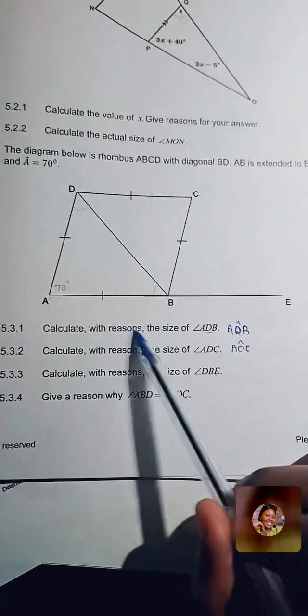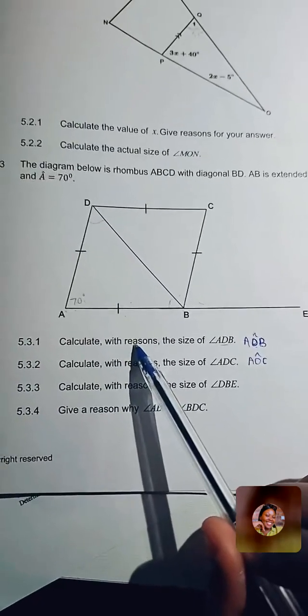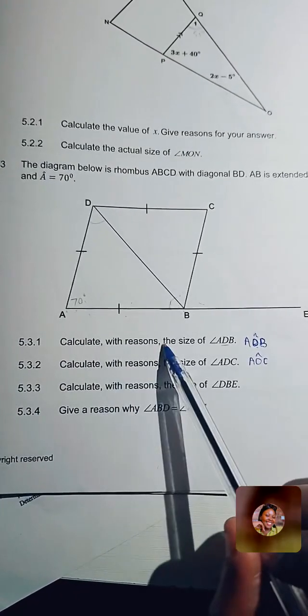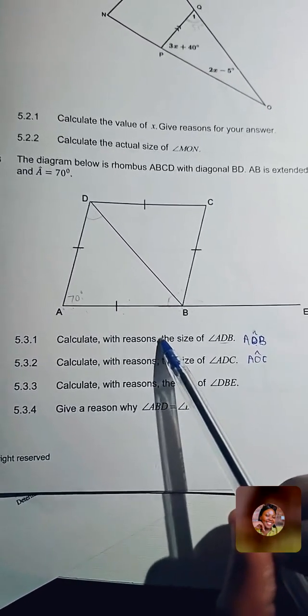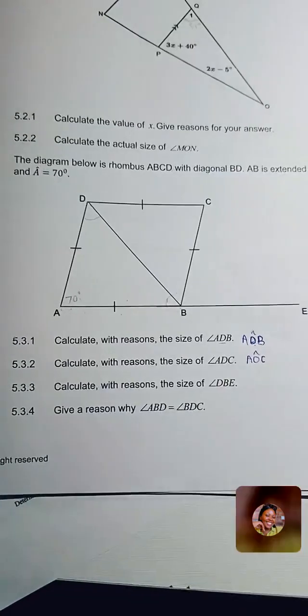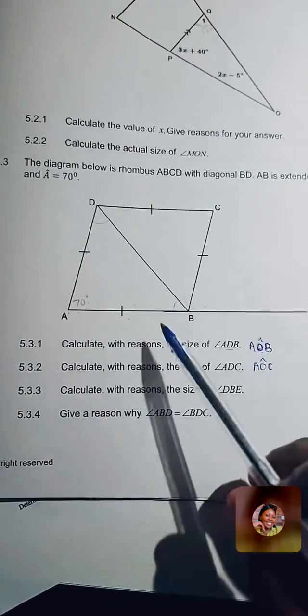Now, we want to calculate with reasons. With geometry, you need to always have a reason. Your reason must be in line with the reasons specified in a document we call the acceptable reason document.